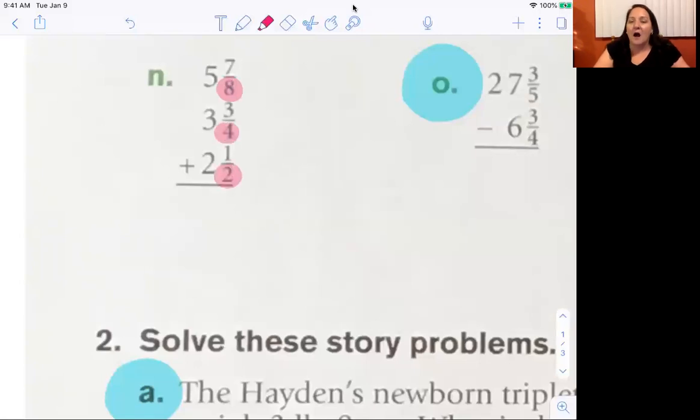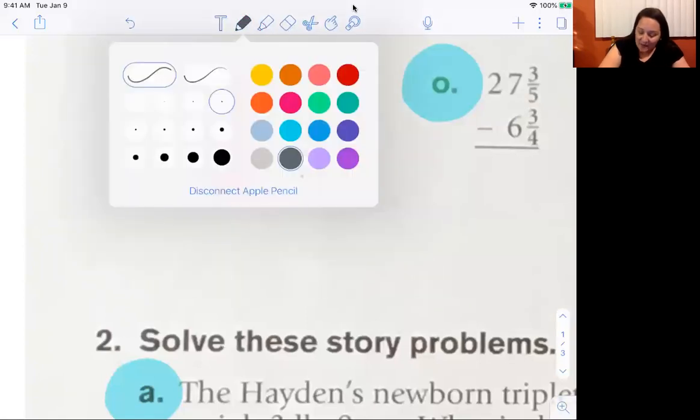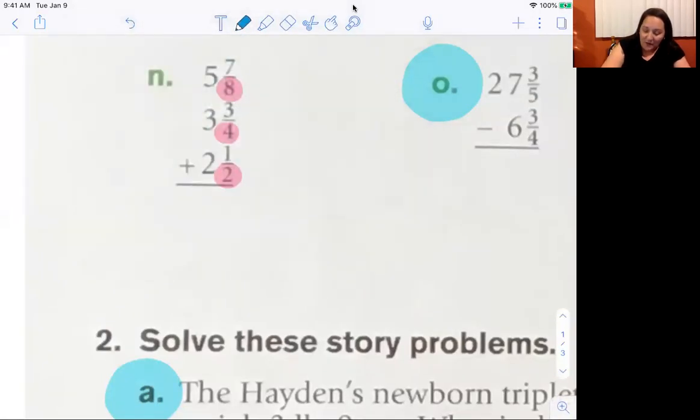What would be a common denominator for all three of those? If you said 8, you are 100% right. So if it's 8 that we're working with, 7/8 stays the same.